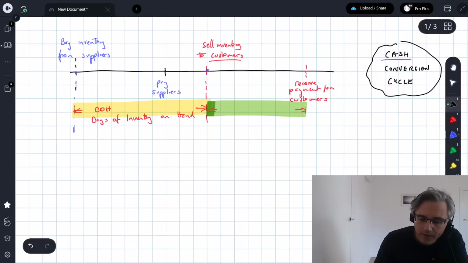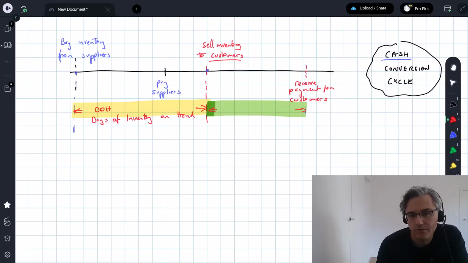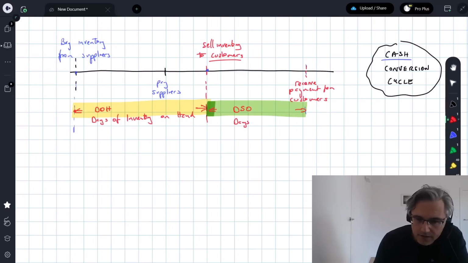And from a balance sheet perspective, the amount of money for which we're waiting here will be shown under accounts receivable. Also within assets, accounts receivable result from sales already made, where an invoice typically has been issued and we're waiting for the client to pay us. So this period of time, it's going to be measured in days, is abbreviated as DSO. This is days sales outstanding.